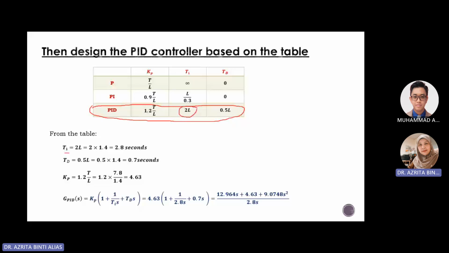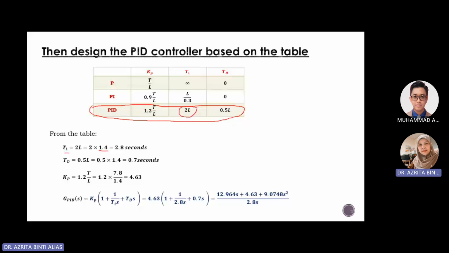L from the previous slide, we already obtained that L is equal to 1.4. Just put in the value. And then we calculate the value of TD, 0.5 L. And the last one, we calculate the value of KP, 1.2 T over L.